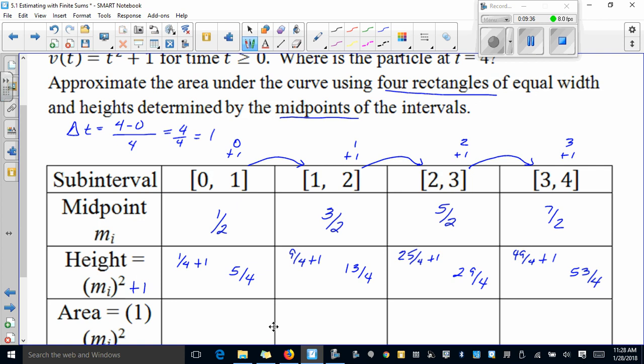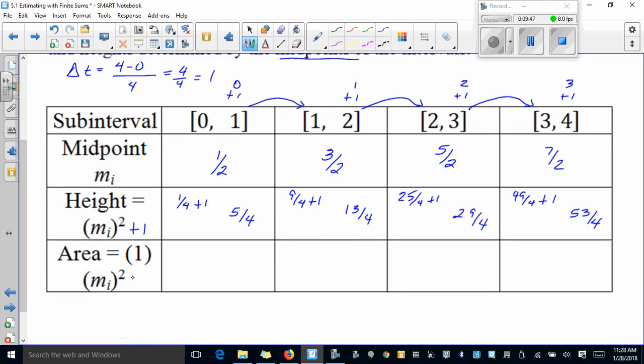But we're multiplying by 1, so it's just all of these values coming down: 5 over 4, 13 over 4, 29 over 4, and 53 over 4. And then you add them all up. Since my denominators are the same, I'm just going to add them up. So to get this value, I get 5 plus 13 plus 29 plus 53, all of this over 4.